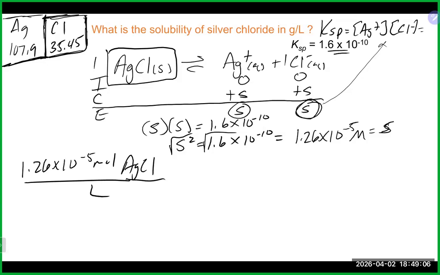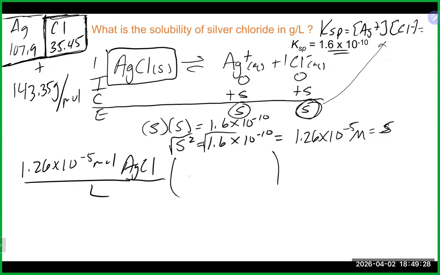If we want to know what it is in grams per liter, we need a little molar mass action. So we're going to add those guys together. 107.9 plus 35.45 is going to be 143.35 grams per mole from the periodic table.